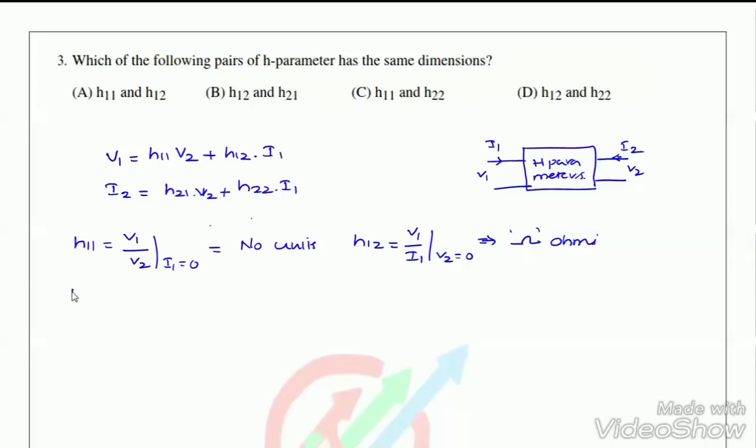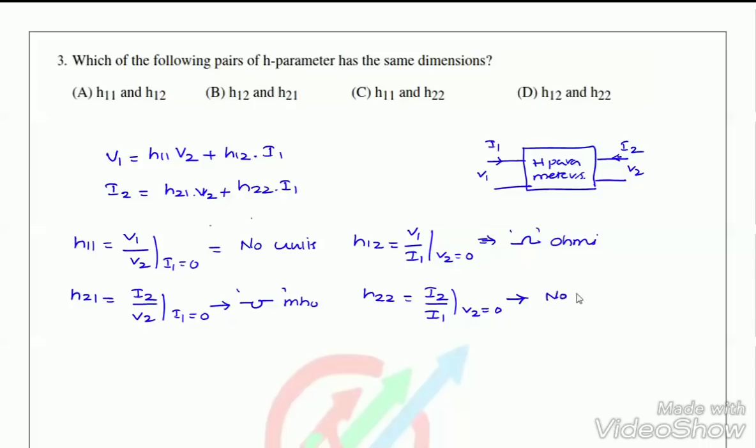And similarly H21 is equal to I2 by V2 when I1 is made 0. It is having units of mho. And finally H22 is equal to I2 divided by I1 when V2 is made short circuit.